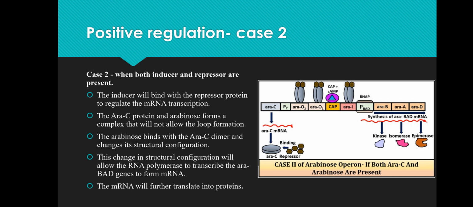Here, when the arabinose binds to RAC, it changes the structural configuration of the gene, and this structural configuration will allow the RNA polymerase to transcribe the RBAD gene to form mRNA. The mRNA will then translate into protein.